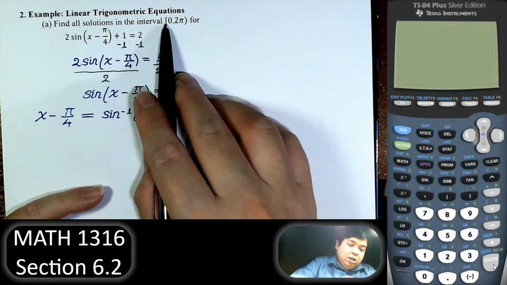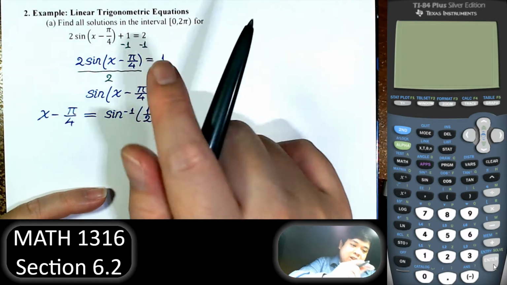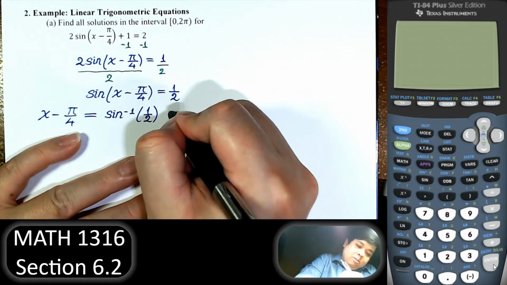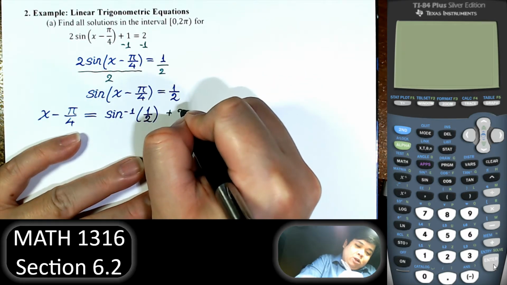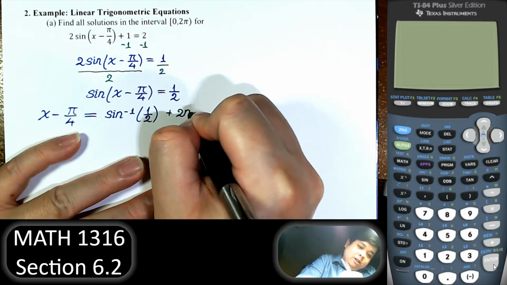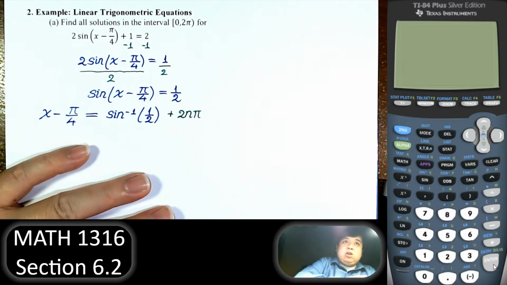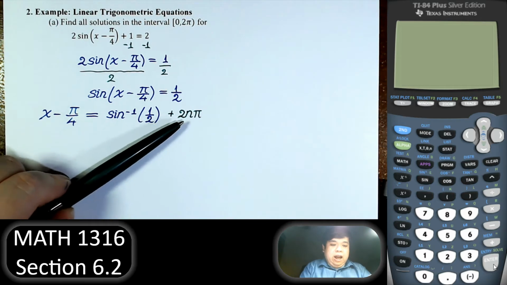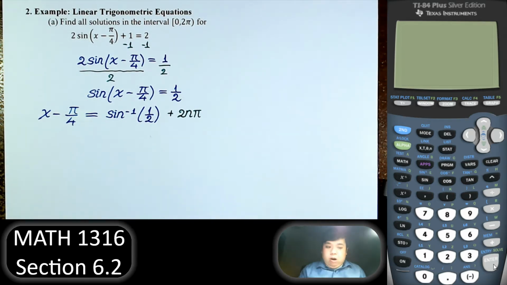Here we write the answer in 0 to 2 pi, don't worry about that. In general, we have to have plus 2n pi. That gives us all the solutions, n times a period of 2 pi. That's the first thing.